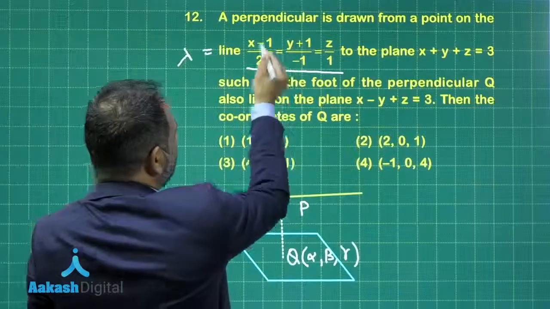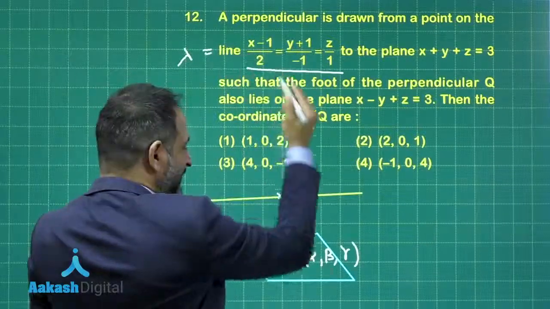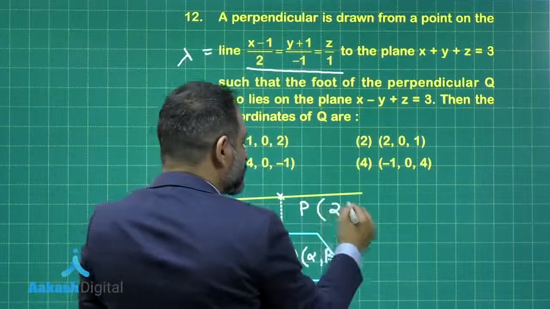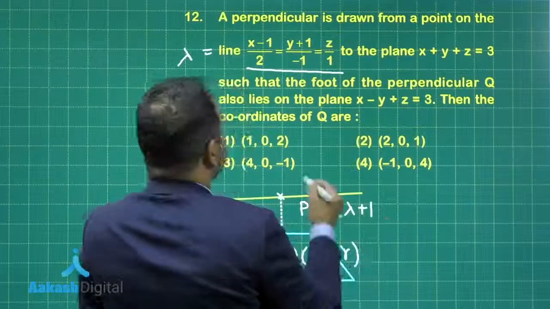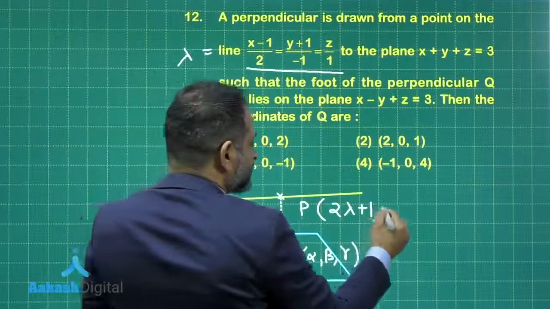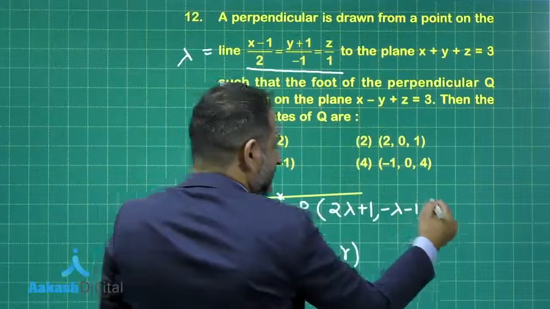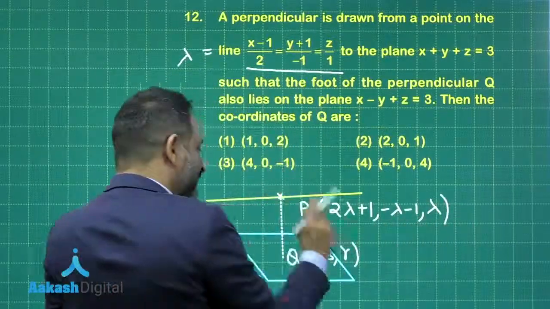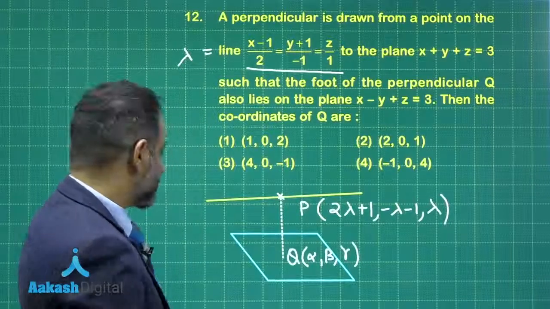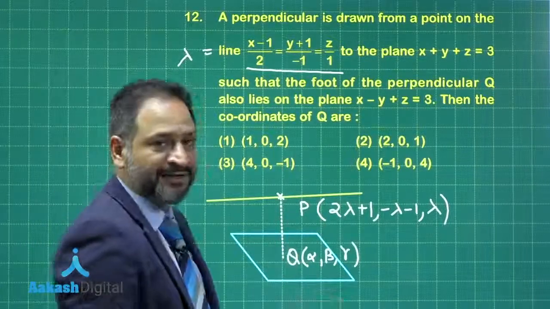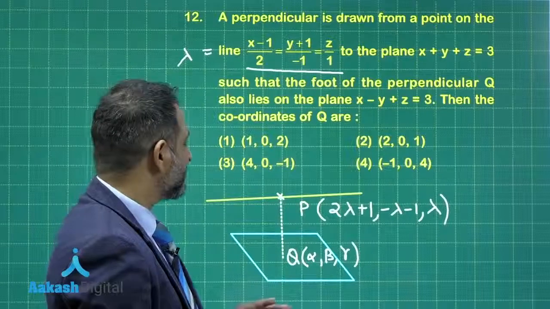You can see from here, assuming a point, x will be equal to 2 lambda plus 1, y will be equal to minus lambda minus 1, and z will be equal to lambda. So, this is the variable point on this line, and Q is lying here. Now, what is given to us?